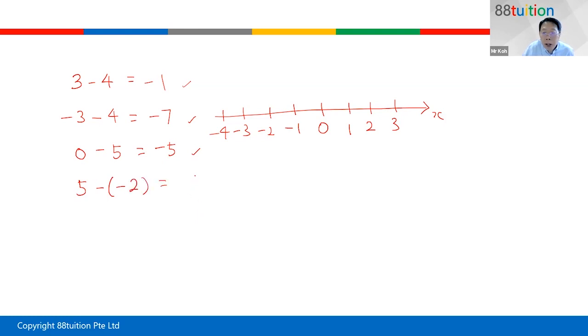Now I ask, how about this one? -7. -7? Anybody has a different answer?